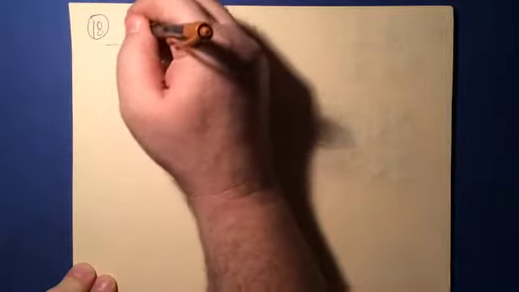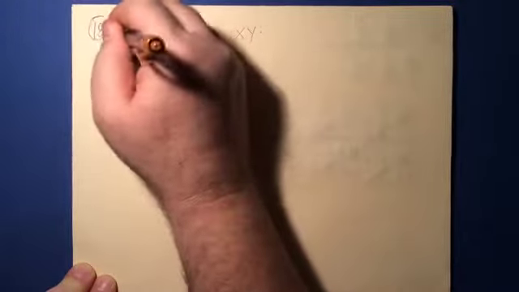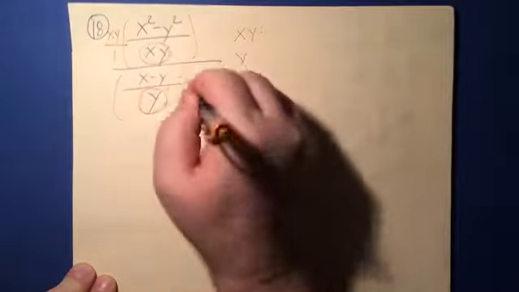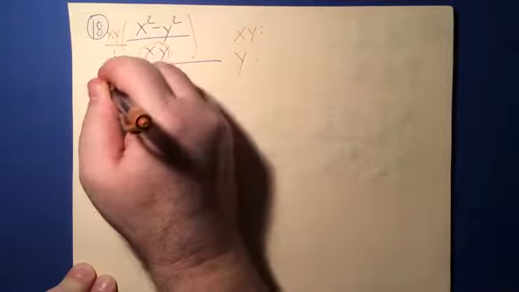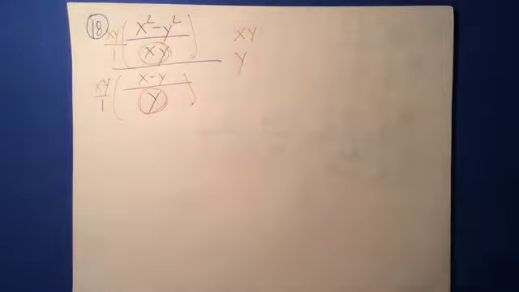So I'm going to multiply the top and bottom of both of these by xy over 1. What's nice about this, at least, is we only have one fraction in the numerator and one fraction in the denominator.